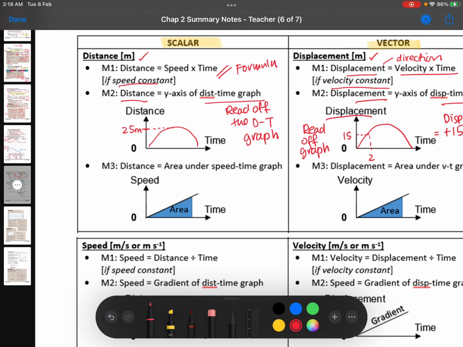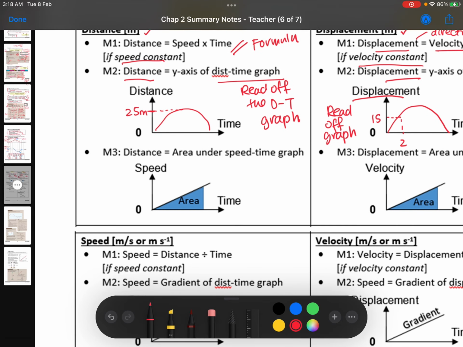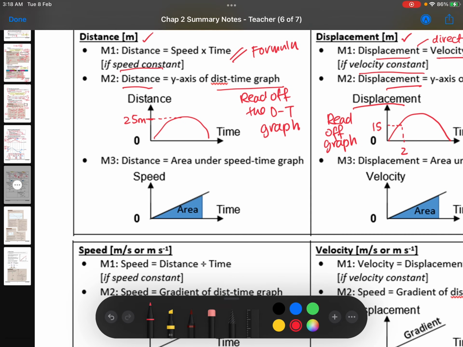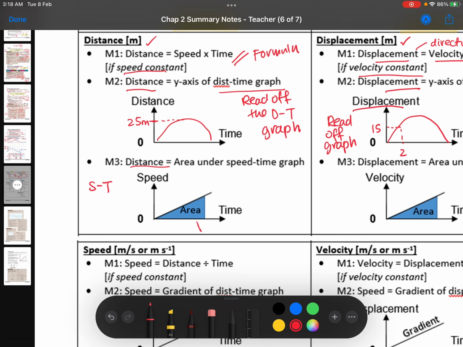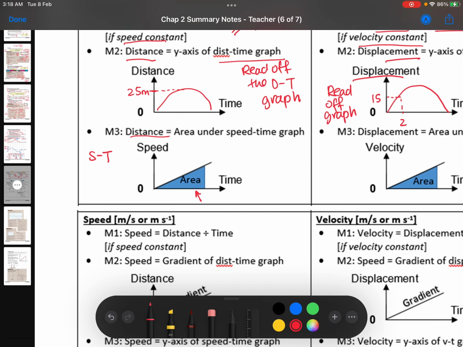Okay, now method 3 to determine distance and displacement is as follows. If instead of being given a distance time graph, you are given a speed time graph, the distance you can determine by calculating the area under the speed time graph. Now in this context, this area is a triangle.